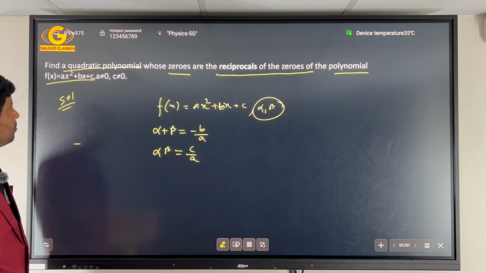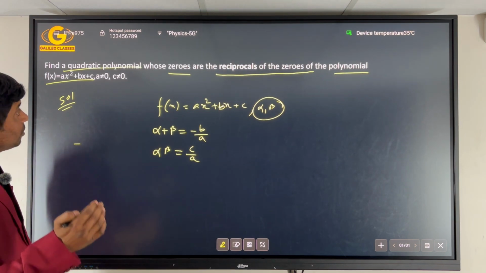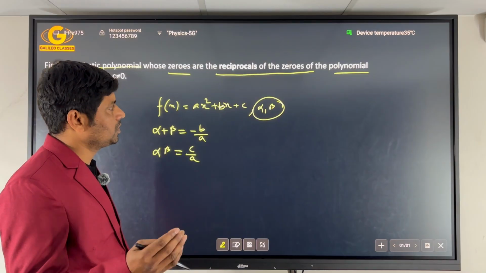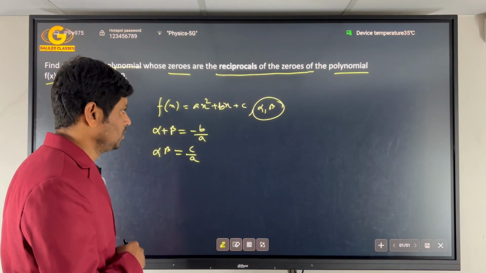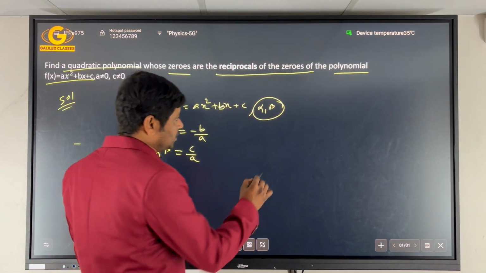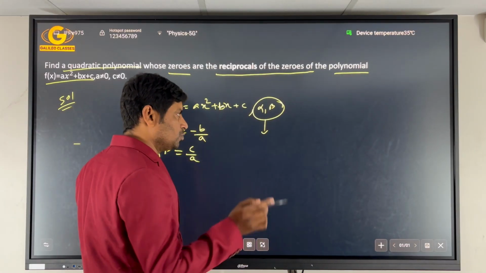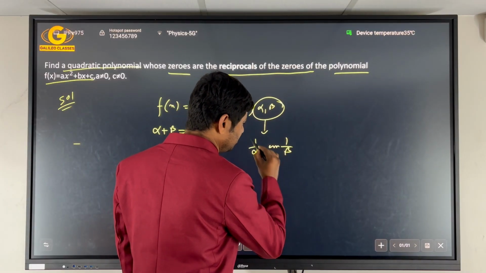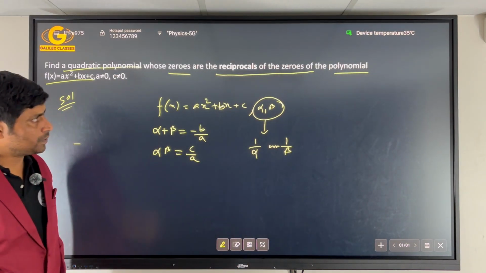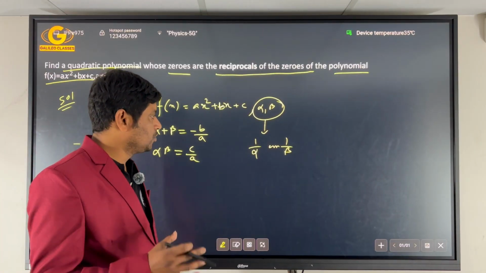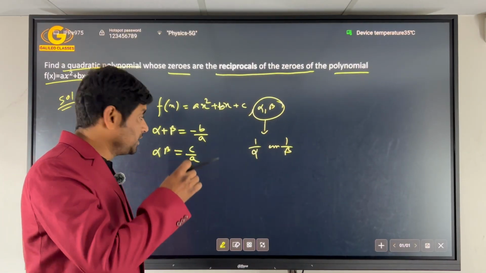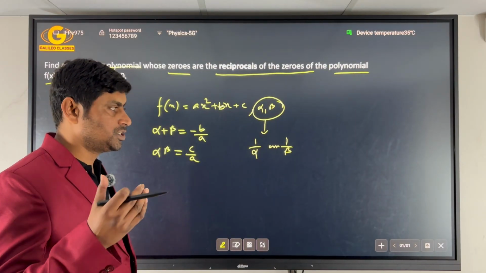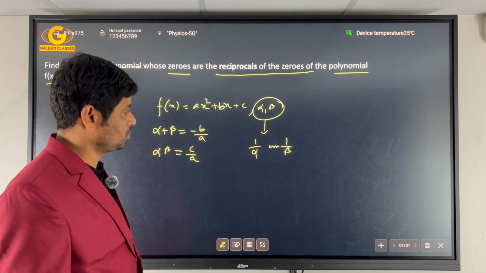Now we have to find the quadratic polynomial whose zeros are the reciprocal of the zeros. That means we have to find a polynomial whose roots are 1 by alpha and 1 by beta. So to find a polynomial whose roots are reciprocal of this polynomial's roots, we have to find the sum of the zeros and product of the zeros.